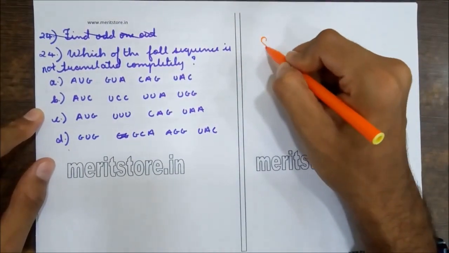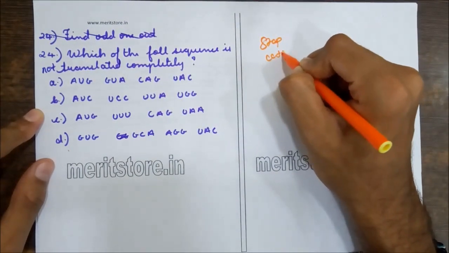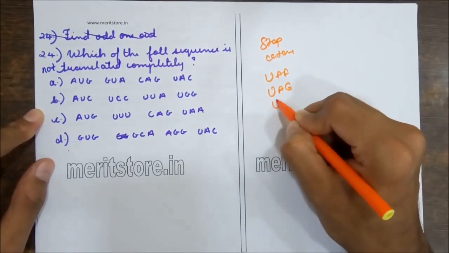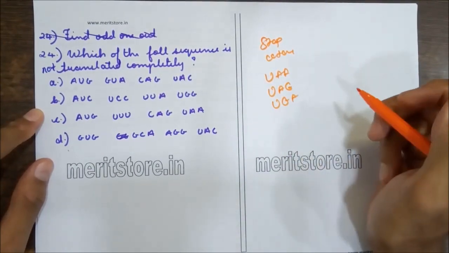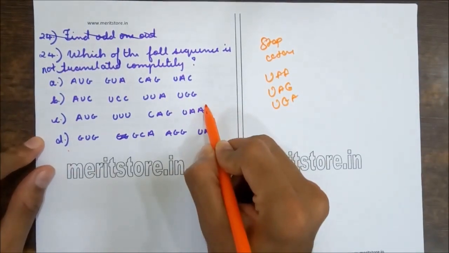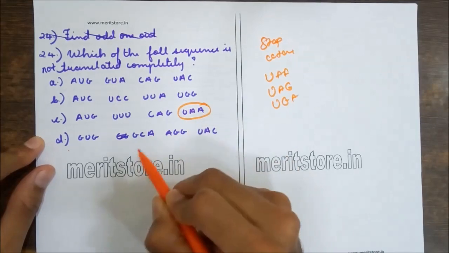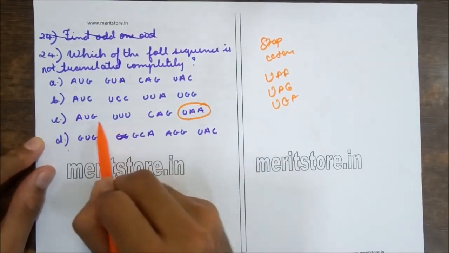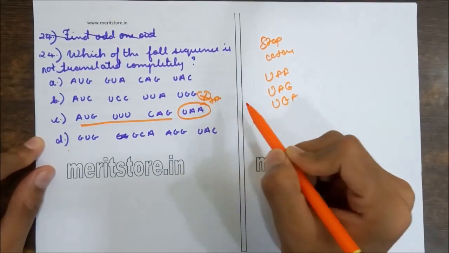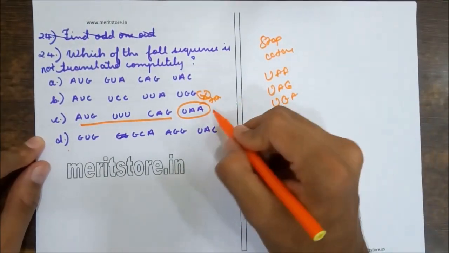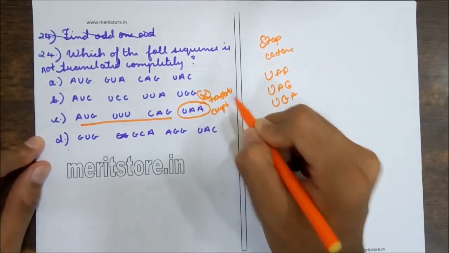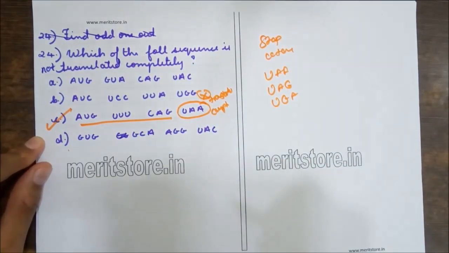We know that there are stop codons, which are UAA, UAG and UGA. In these options there is a stop codon, so this sequence will not be translated completely. So option C is the correct answer.